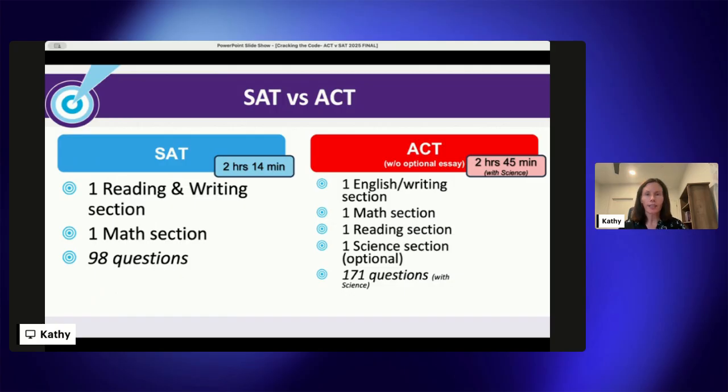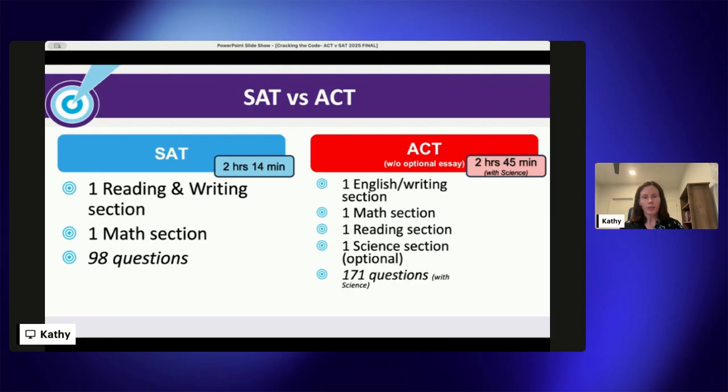The ACT, without the optional essay, is comprised of the following 4 sections. So English, math, reading, you're always going to take that. The addition of science is optional now. And then you're going to have a total of 171 questions if you take the test with science.